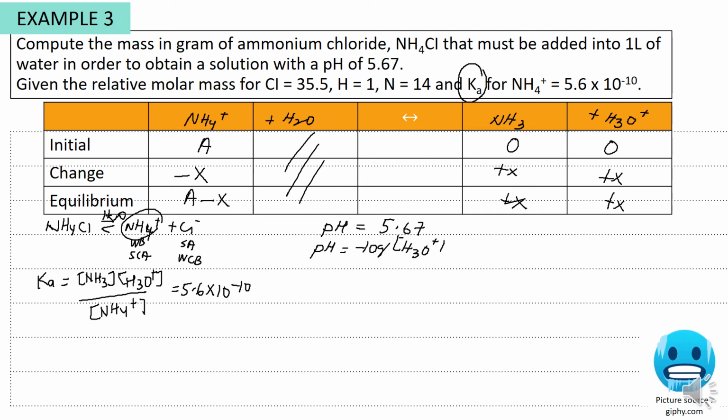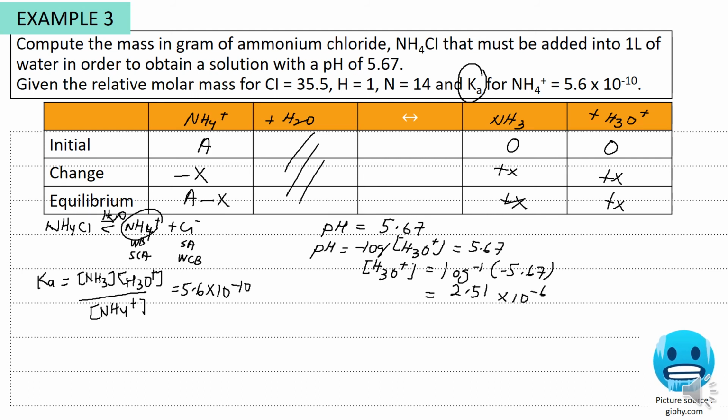So to find it, the hydrogen ion is shift log of negative 5.67. So you will get 2.51 times 10 to the power of negative 6. So H3O plus will be the X.